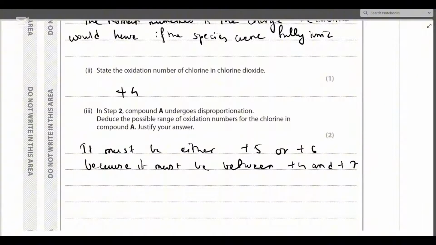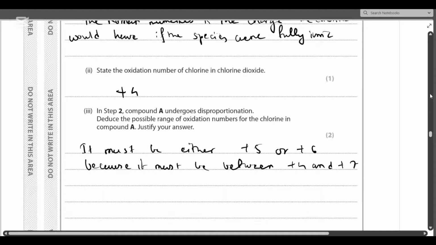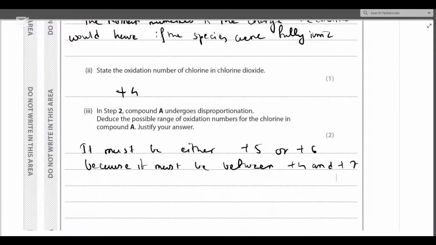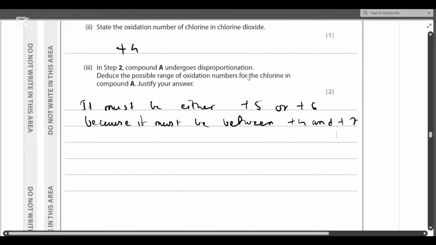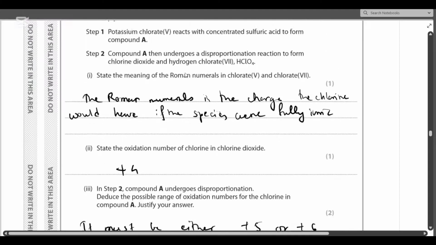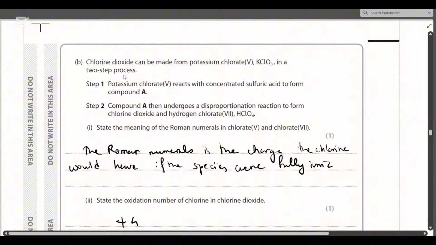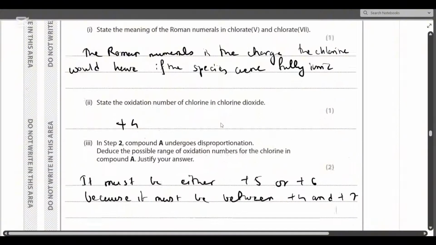The only thing that's possible is +5 or +7, an increase of 3 or 2 electrons from the initial state. Because if it does not happen, then the other reactant, in other words KClO3, is not going to get oxidized or reduced, sorry.